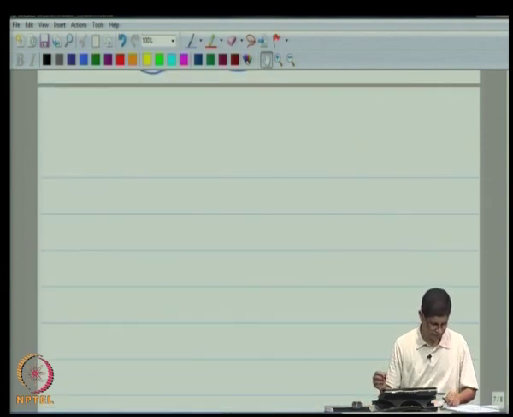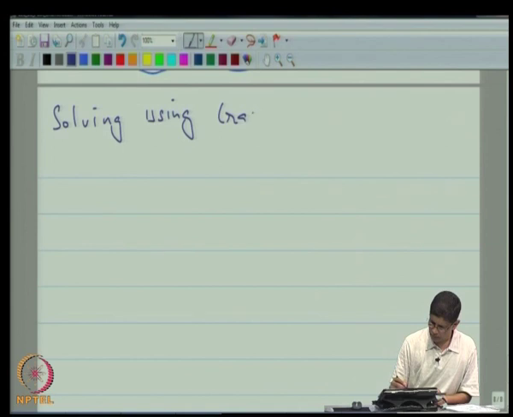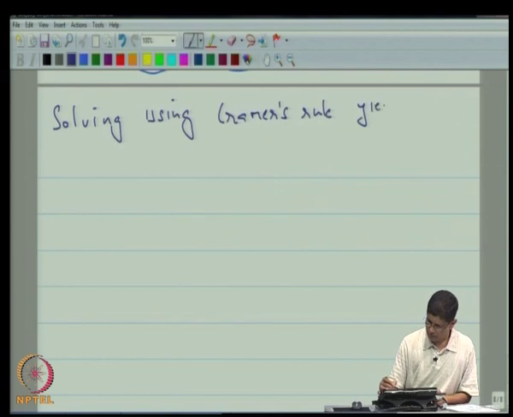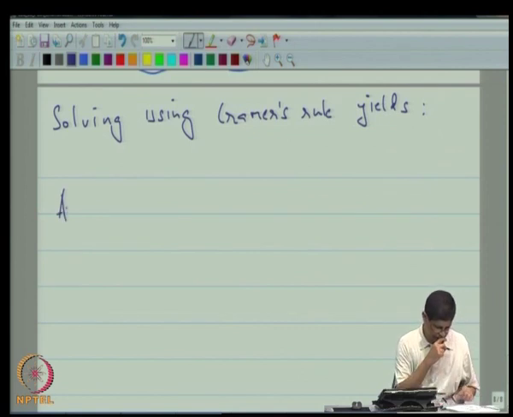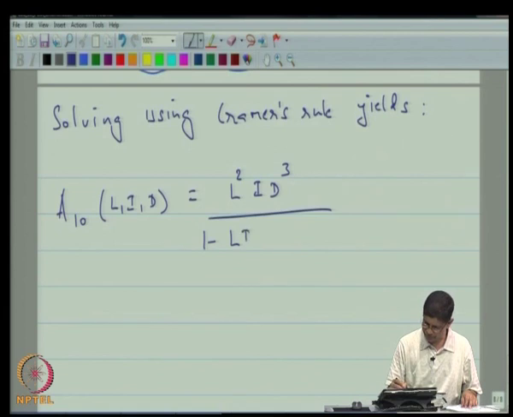If you do that, solving using Cramer's rule gives us that A10 LID is equal to L squared ID cubed upon 1 minus LID minus L squared ID.